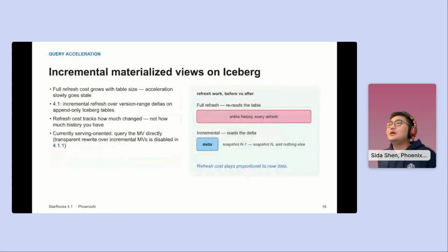It's a bigger feature on Apache Iceberg, and this is also a longer-term project that we are still working on in the future. Also in the future is incremental materialized view. This is an extension of our asynchronous materialized view in StarRocks. Asynchronous materialized views are very useful, right?